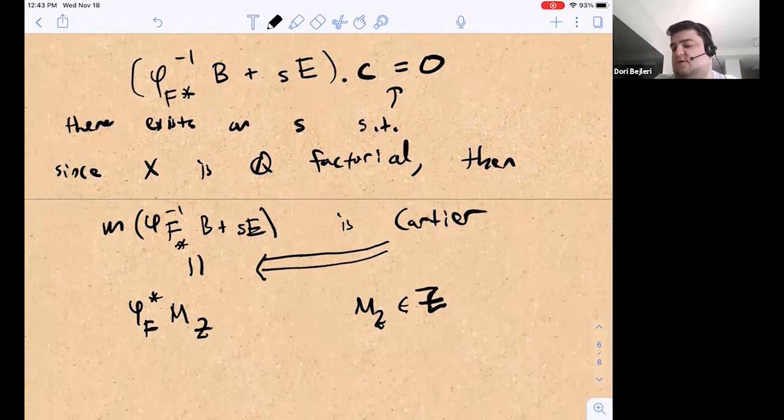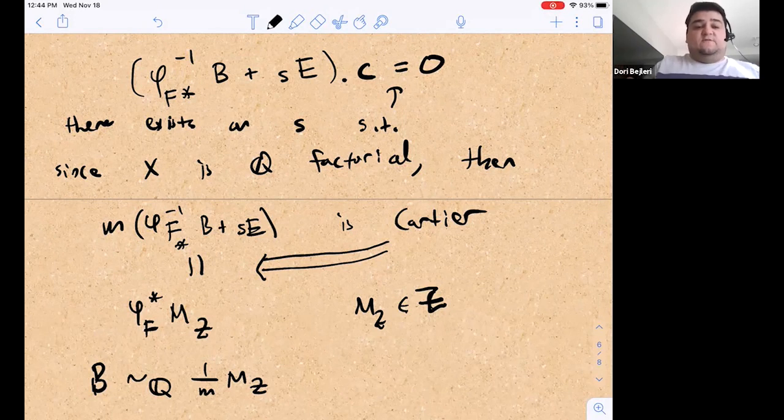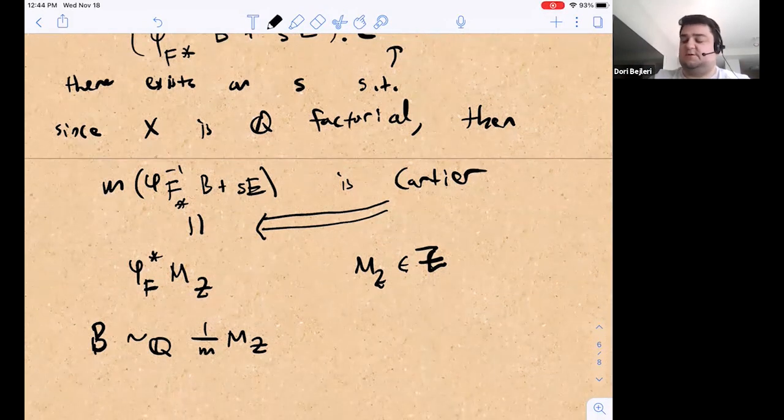Okay, and then the point is that B as a Weil divisor is Q-linearly equivalent to 1 over M MZ, because both this MZ and this B have to be linearly equivalent away from the exceptional locus of phi. But that's a codimension 2 subset. So if they're linearly equivalent away from a codimension 2 subset, then they're linearly equivalent. So then B is a priori some Weil divisor, but it's Q-linearly equivalent to some Q-Cartier divisor, so it's Q-Cartier.